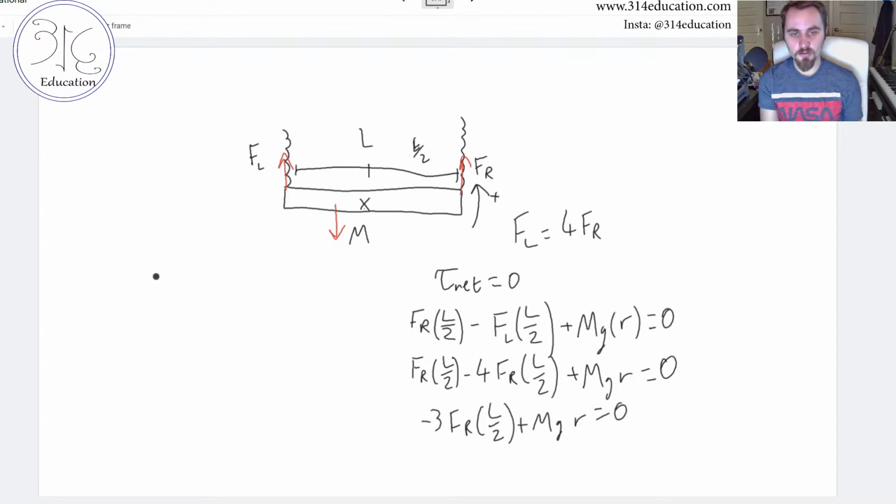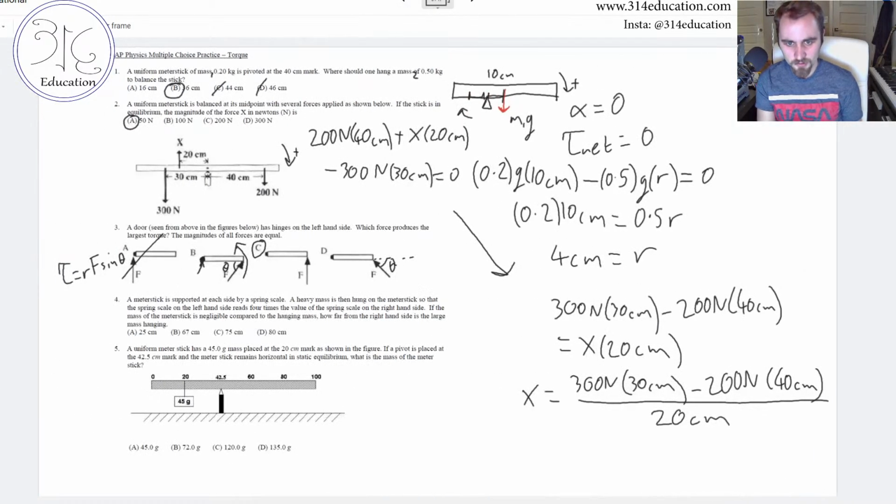We can bring that over to the other side, giving us our mgr is equal to 3FR times our L over 2 distance. And let's see, are we given any conditions on the mass? We're not given any conditions on the mass, unfortunately.